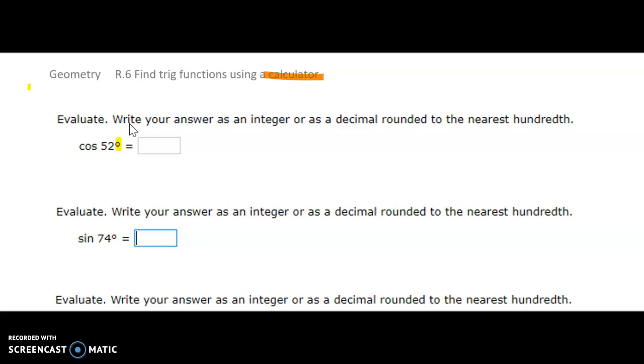Let me back up, radians is a different way of measuring how big an angle is, okay? Just like inches and centimeters. They both measure length, but they measure them in different units, okay? So degrees and radians are different units to be able to measure how wide an angle is opened.